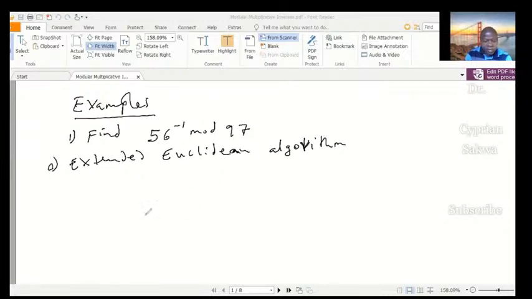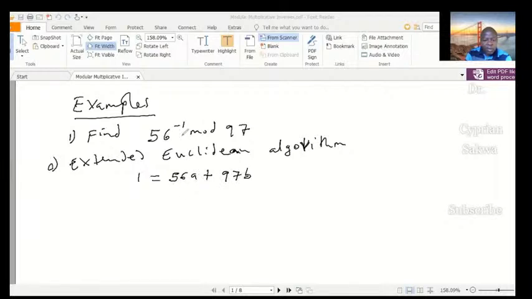So what we want for the Euclid algorithm is to write 56 and 97 in terms of being equal to 1. 56 times A plus 97 times B is equal to 1.